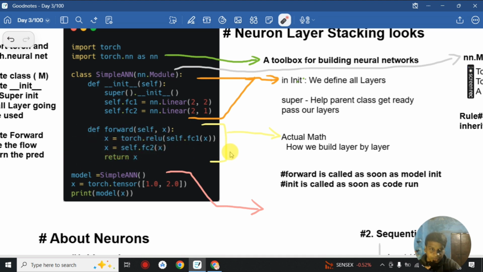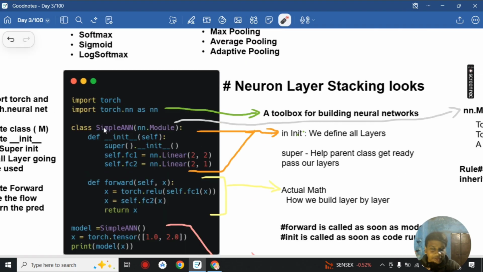Basically the layer form is first a linear layer, then the activation function, and then the second linear layer. So here you could get a fair idea about the whole structure.